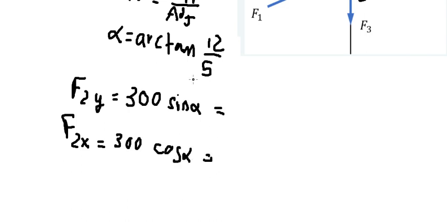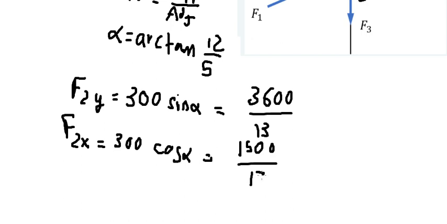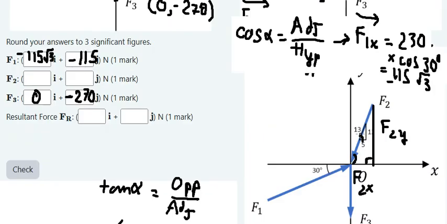So we put these values in here. So we have 3600 over 13. And the second one, that is about 1500 over 13. So this is for y. So if we look at the point of y, we can see that this is a positive number in here, and for x that is about a positive number in here.